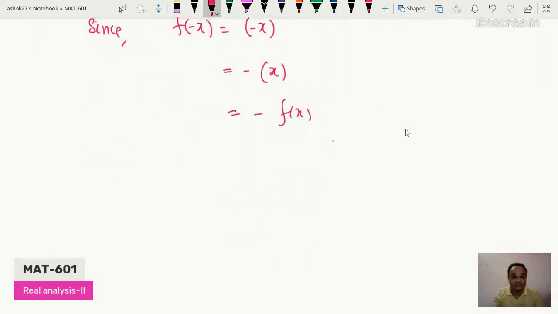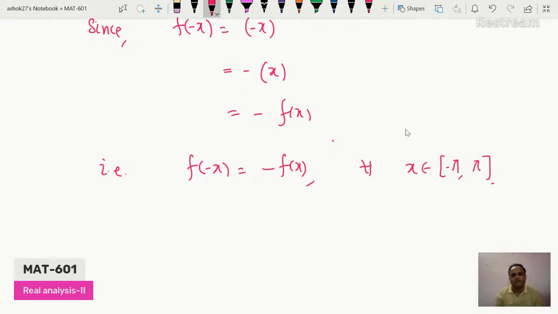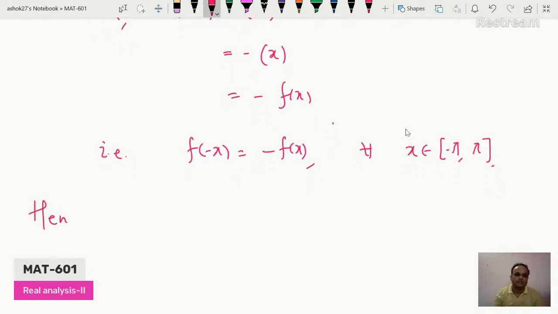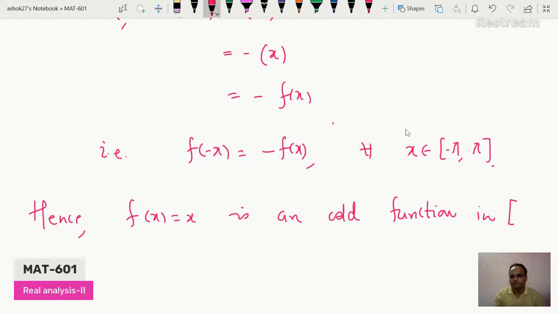What is the meaning of this? f of minus x is equal to minus of f(x), and this is true for all x belonging to minus pi to pi. Hence f(x) equal to x is an odd function in the interval minus pi to pi.